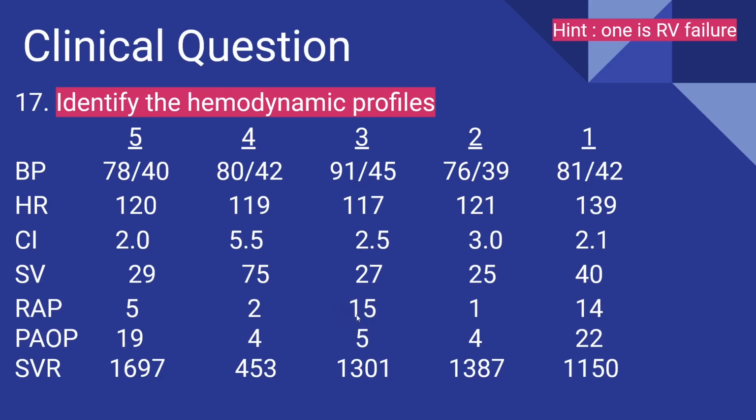So we have a high preload on the right side of the heart, but a normal or low preload on the left side of the heart. So something in between is not right. Then we have slightly elevated systemic vascular resistance, so potentially trying to compensate with the heart rate for that low blood pressure.